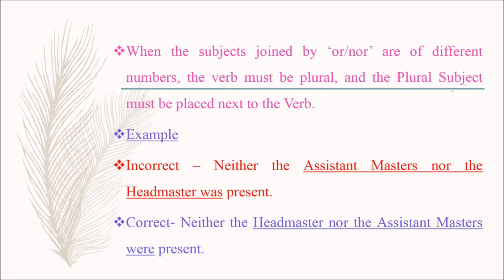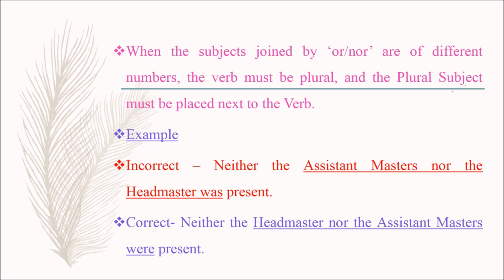The next rule is that when the subjects joined by or, nor are of different numbers, the verb must be plural and the plural subject must be placed next to the verb. Now look at the example. Neither the assistant masters nor the headmaster was present. Is that a correct sentence? No. The correct sentence is: neither the headmaster nor the assistant masters were present.